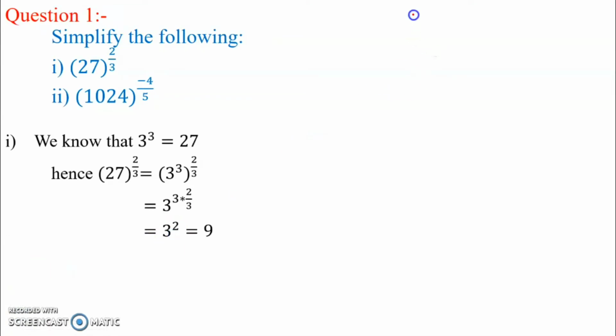So write 1024 here. For factorization, the first number you check whether it divides the given number is 2.